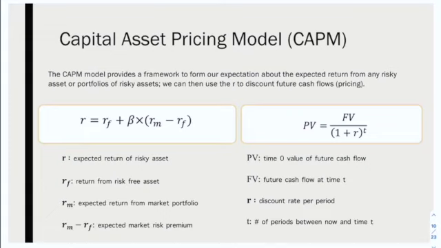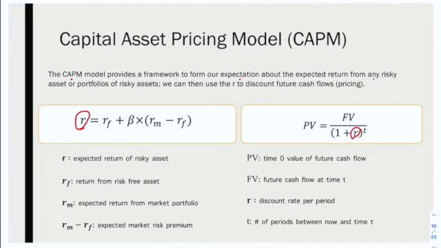Now let's summarize the capital asset pricing model, CAPM, and how it helps us to complete our picture for the pricing model. The CAPM provides a framework to form our expectation about the expected return from any risky asset or portfolio of risky assets. Basically, it helps us to get the R that we need in our pricing model.